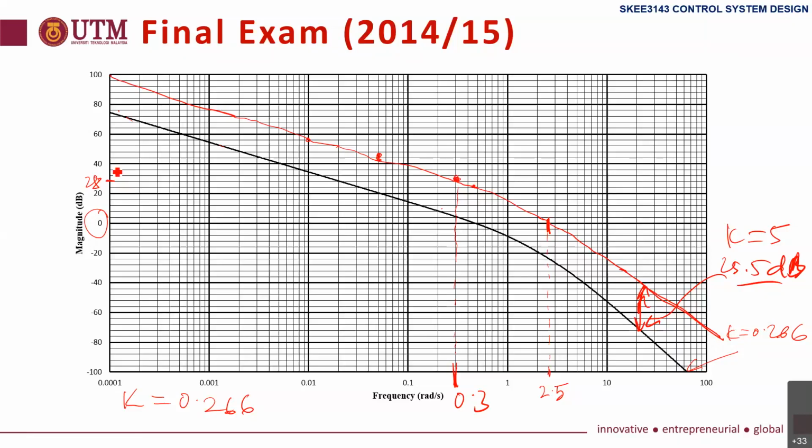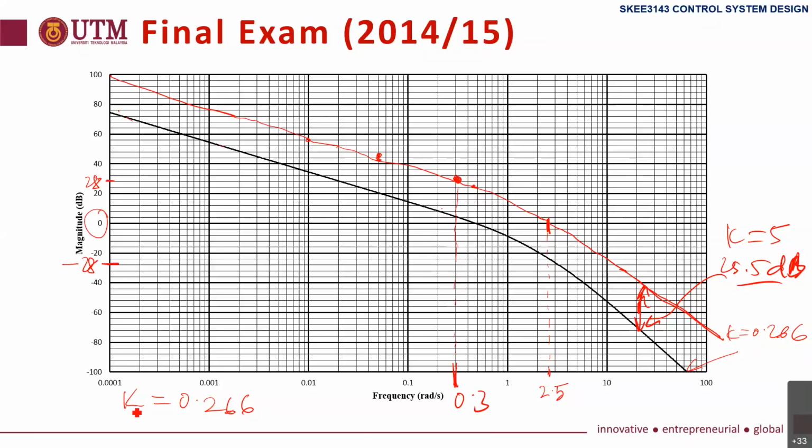So what to do next is we now need to draw the lag compensator at the high frequency gain. How to do it? We need to put minus 28 here, so that at this point, added with the lag compensator, that point becomes 0.